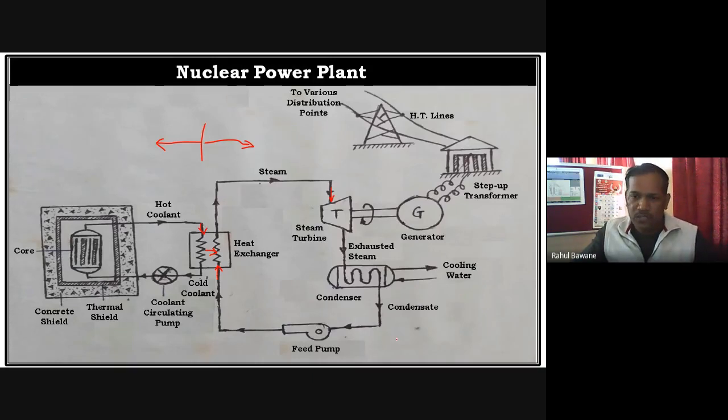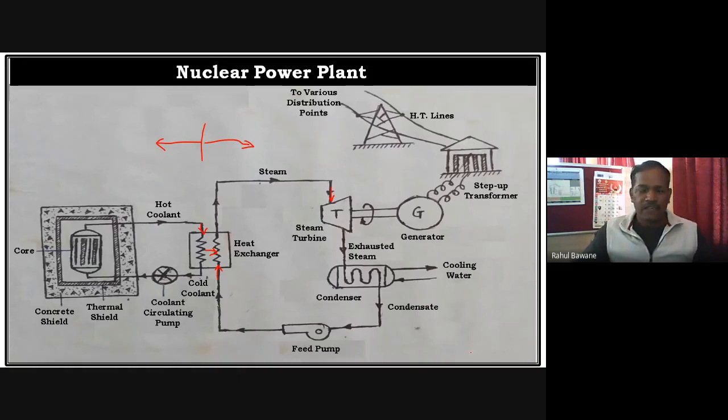There are also two possibilities: if the steam or water passing through the heat exchanger becomes radioactive anyhow, then it should not be directly removed anywhere. We have protocols and guidelines to destroy radioactive fluid or material, so we have to follow that. So this is the whole working.